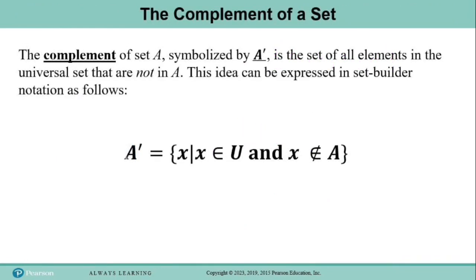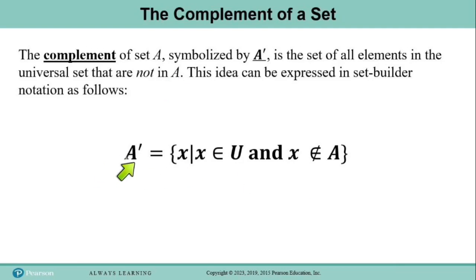Now let's talk about the complement of a set. So the complement of set A, symbolized by A with an apostrophe, which we read as A prime, represents the set of all elements in the universal set that are not in A. In set builder notation, it looks like this.